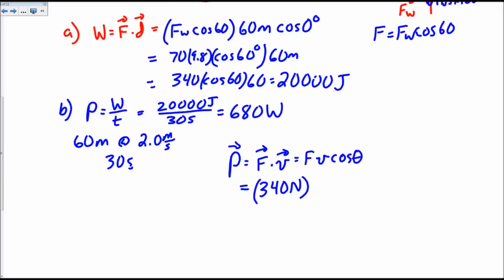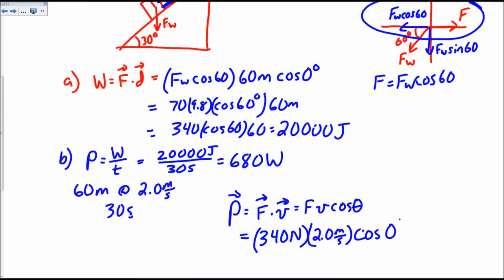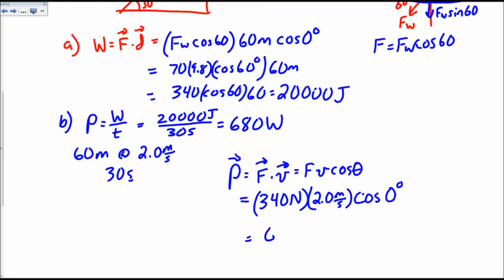So we have 340 newtons, 2 meters per second, times the cosine of the angle, which remember the cosine between the force and the displacement is 0 degrees. Cosine of 0 is 1. 680 watts. 1 watt is equal to 1 joule per second. All right, so that's power. That's the definition of power.